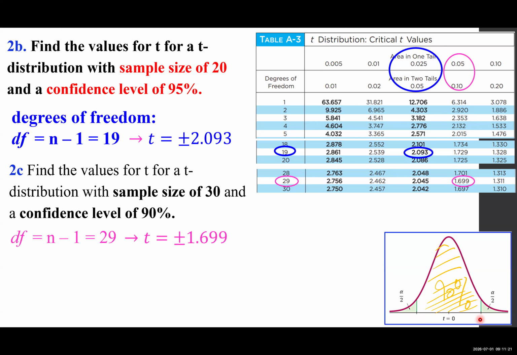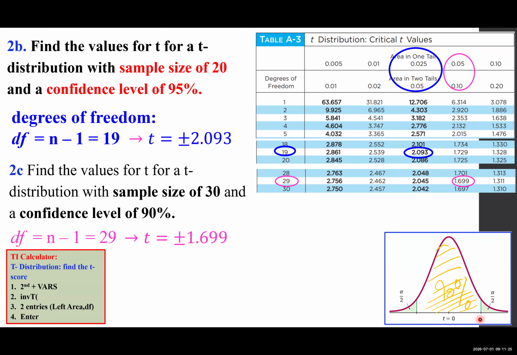Now, you could use technology. For example, TI calculator, t-distribution and t-score. Second bars, inverse t, and you put two entries, left area and degrees of freedom. So if we want to go with this one, remember 10% in two tails, but this one needs just the left area.